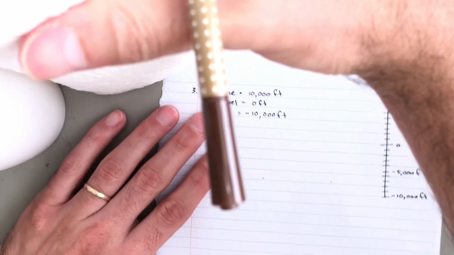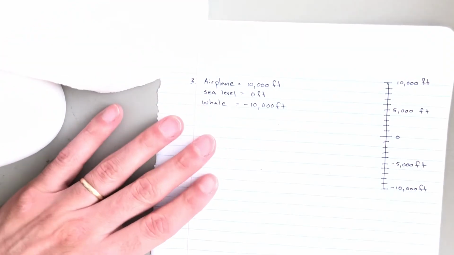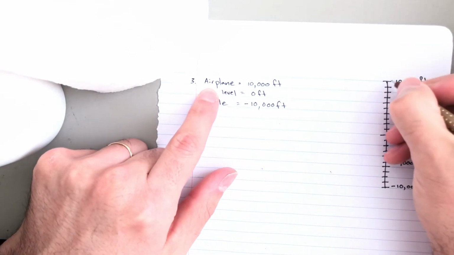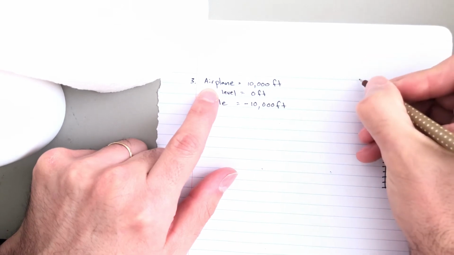There we go. So if they ask you, you don't have to do a vertical one, but if it helps you to visualize it, when you're dealing with the height and depth of something, then go for it. So then from here, we just plot our points, right? The airplane was 10,000 feet. So I can put airplane.